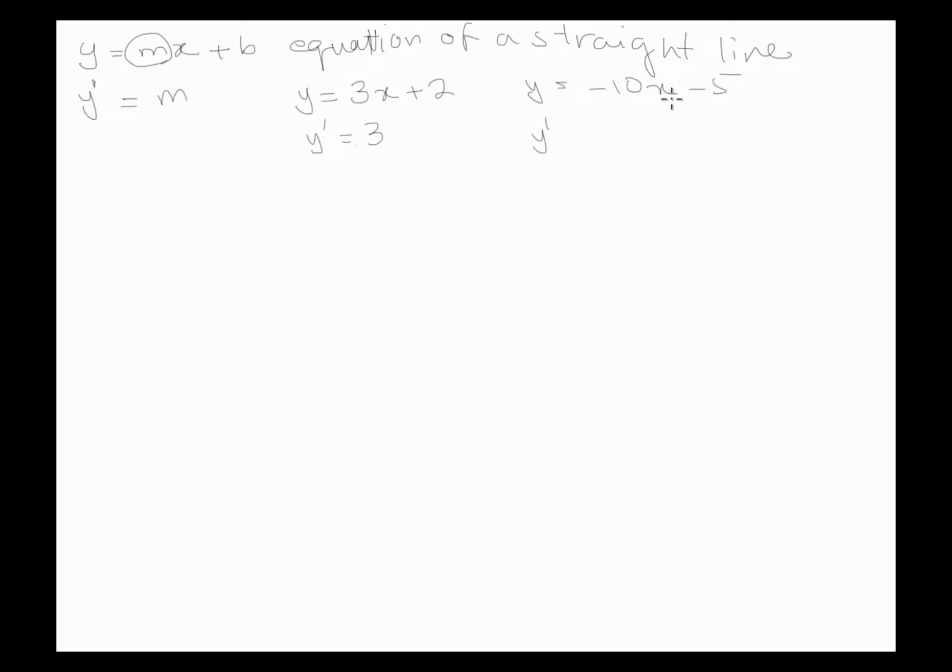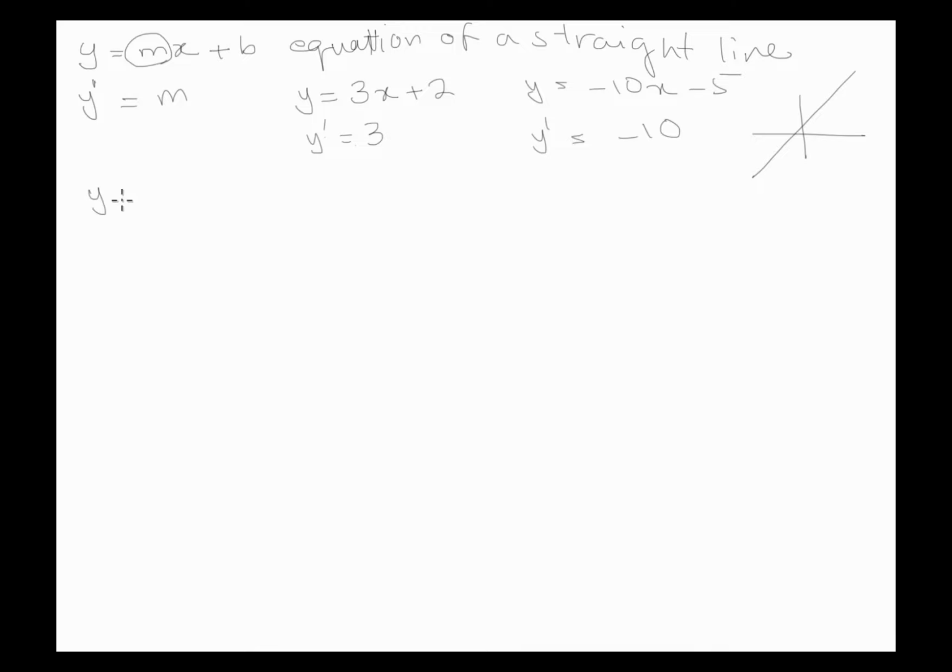And then again, because the power of x is 1, I know that this is a straight line, it's in this format, therefore y dash is just the coefficient of x. And you can see that y dash here is constant, meaning that the gradient is going to be constant no matter where you are, which we already know anyway, because with the equation of a straight line, you know that the gradient doesn't change based on what point you're taking the gradient from.